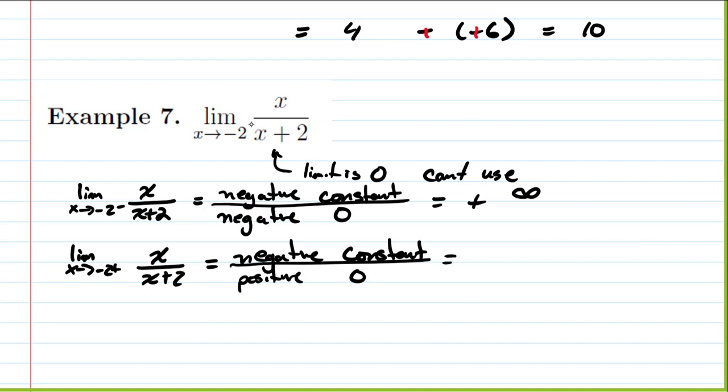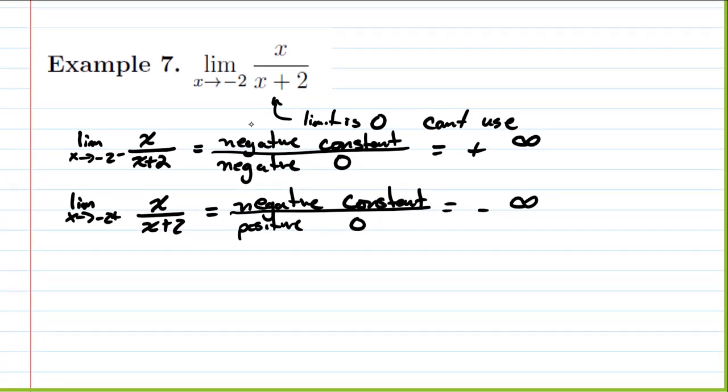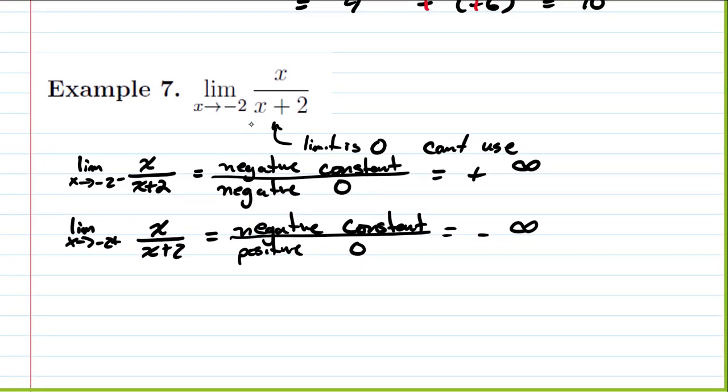So that's going to give us a negative divided by a positive, which is negative infinity. So the left limit is positive infinity. The right limit is negative infinity. Are those two things the same? No. So what do we get? DNE, right?